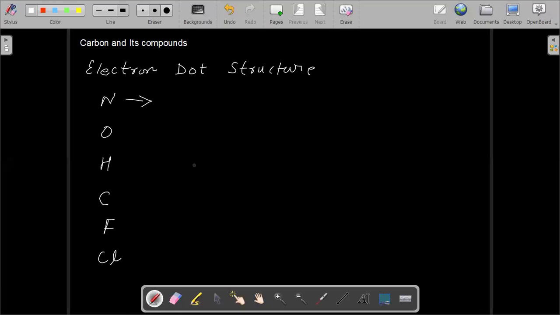Okay. So see, this was quite easy, knowing the valence electrons of each element. For example, nitrogen has 5 valence electrons. So nitrogen will be represented as N, and the valence electrons will be represented with 5 dots.